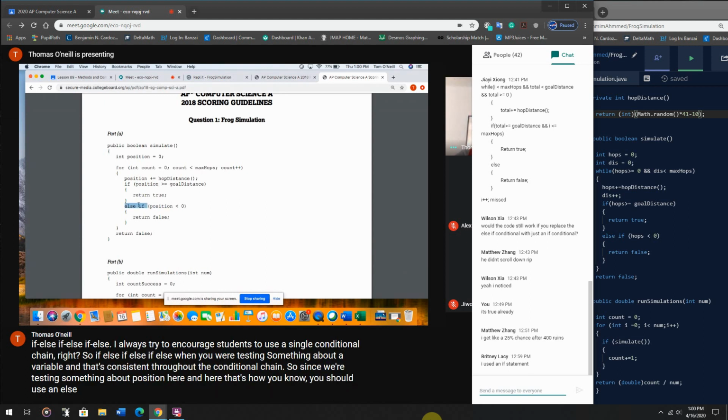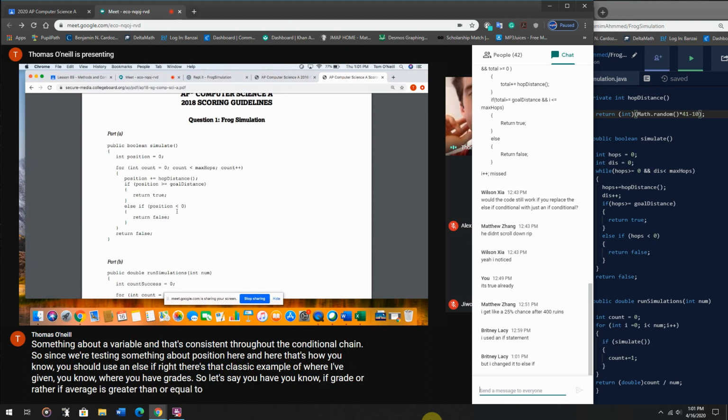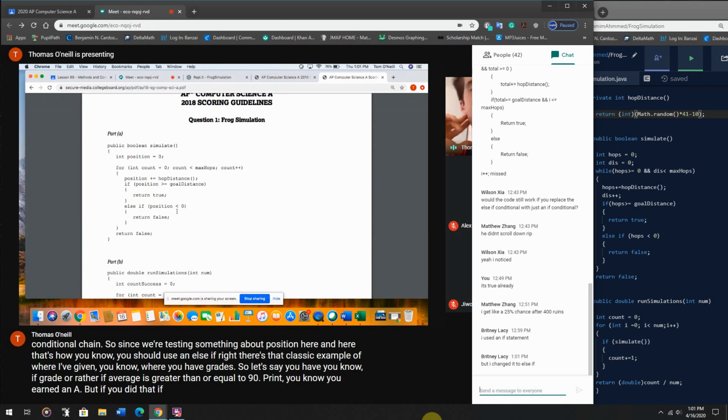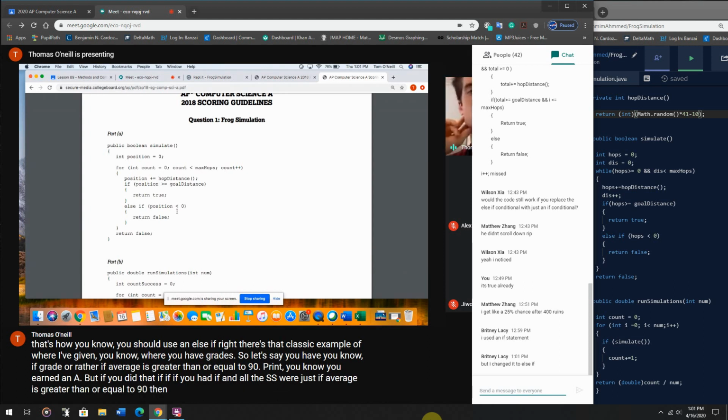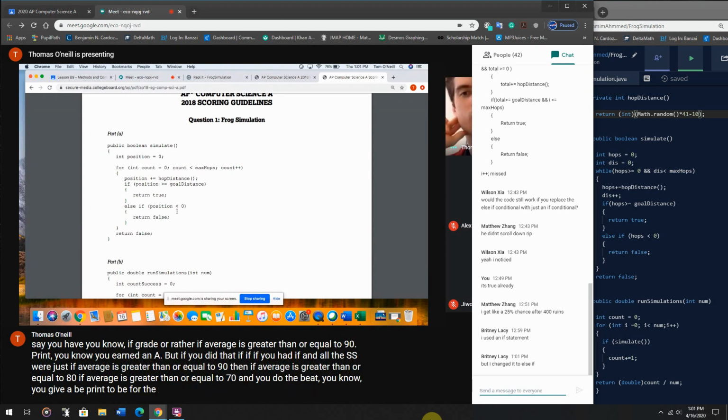So since we're testing something about position here and here, that's how you know you should use an else if, right? There's that classic example where you have grades. So let's say you have, if average is greater than or equal to 90, print, you earned an A. But if you had all ifs, just if average is greater than or equal to 90, then if average is greater than or equal to 80, if average is greater than or equal to 70, and you give a B for the greater than or equal to 80.